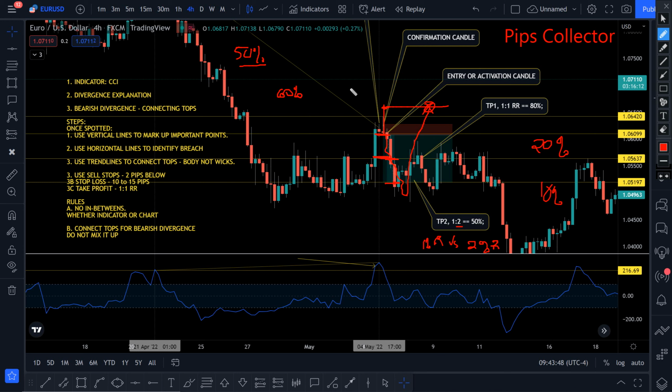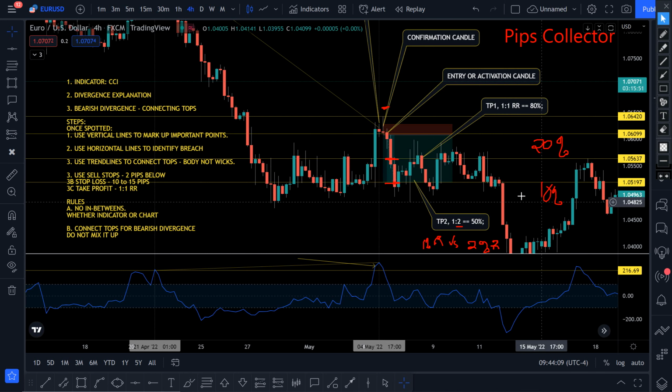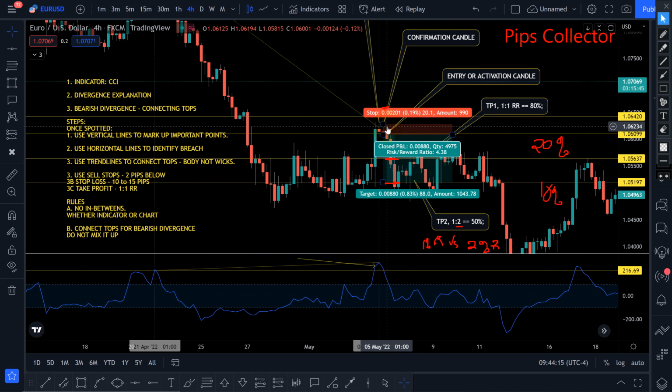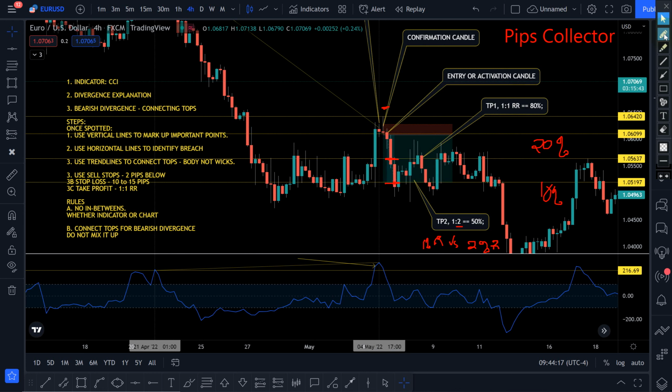If you don't get it, just remember the point where I explained last. Okay, this was where I was. So close 80%, and you move your stop loss above your activation candle.